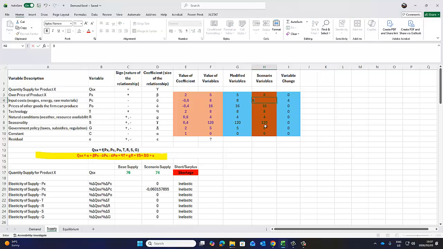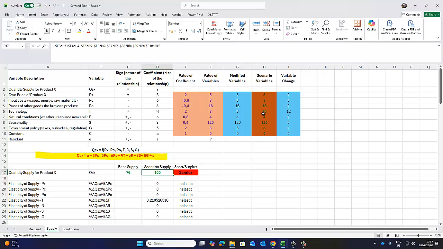Okay, so let's keep that 8. Let's say there's a technology boom and it goes to 20. You'll see the 12 there changes from 76 to 100, so that's quite sensitive.